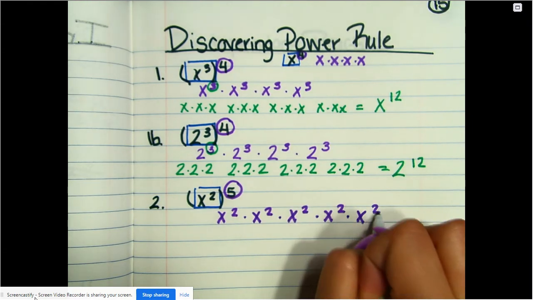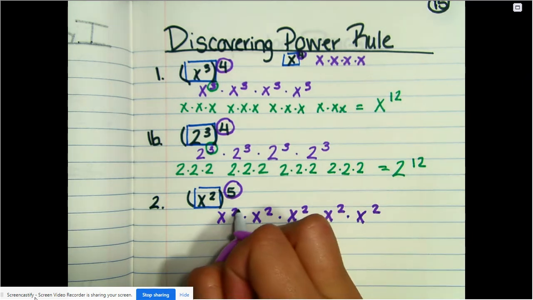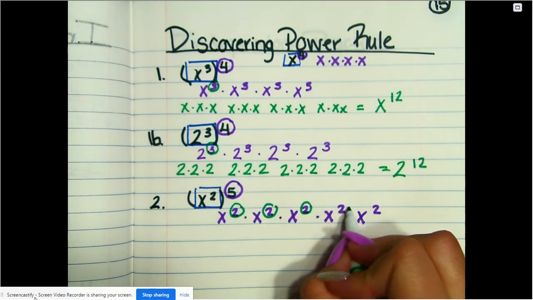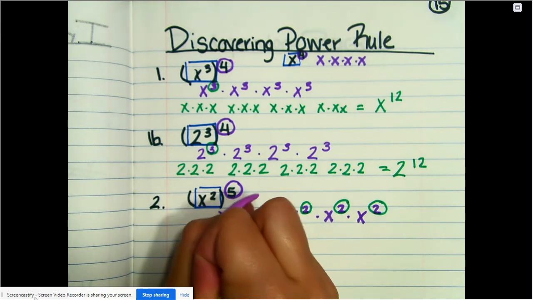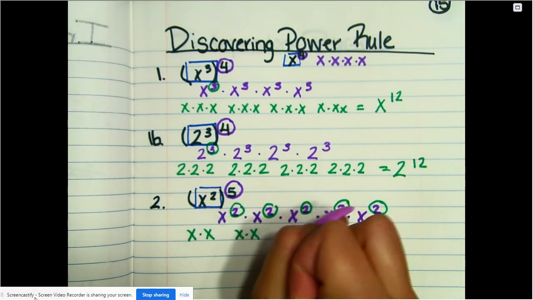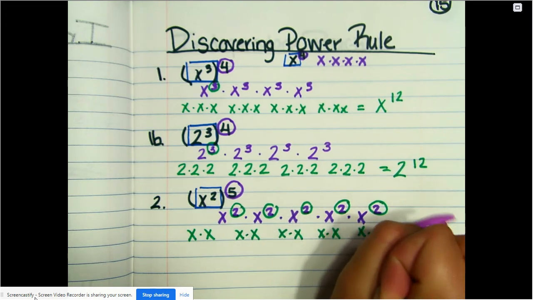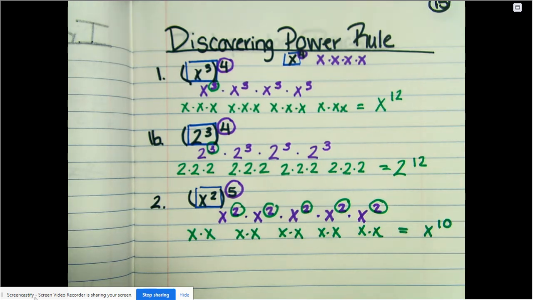I lost count. Times x to the second, that was 5. And then from here, this is my exponent still on each and every single one of them. I don't know why I didn't circle all the other ones before. That means I'm going to write out 2 x's 5 times. And all together, I have 10 x's, x to the 10th power.